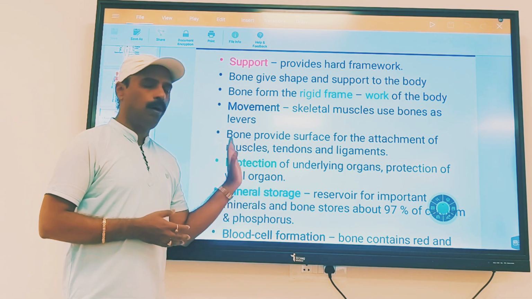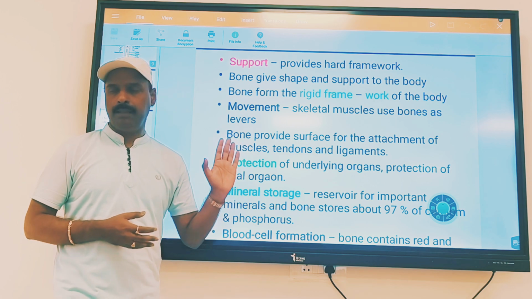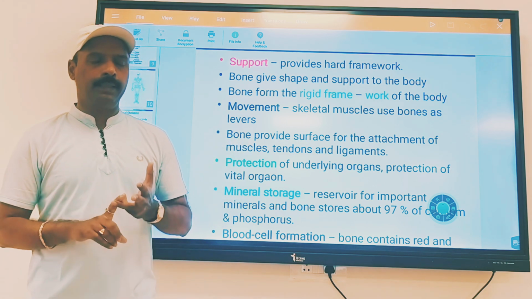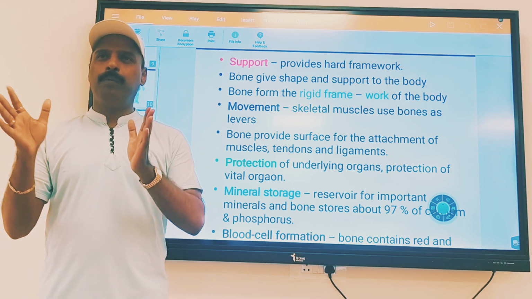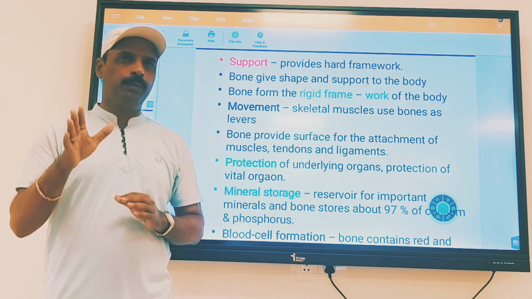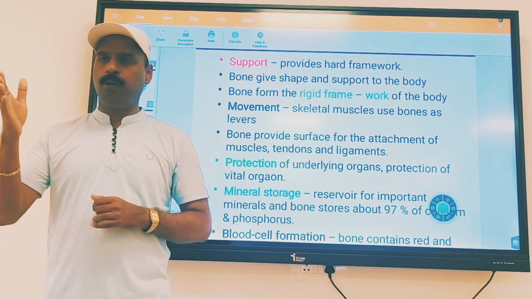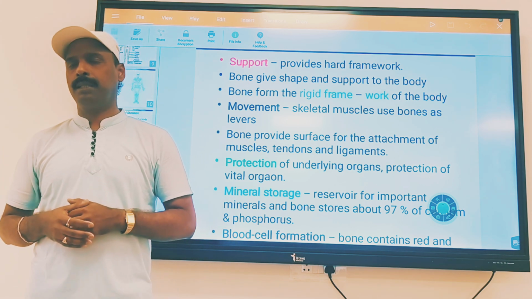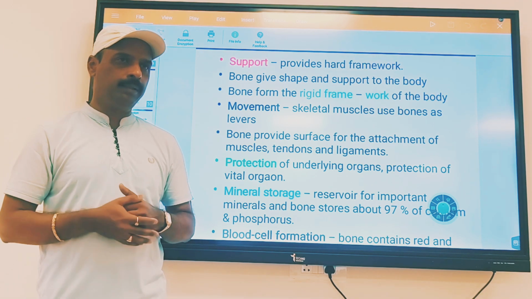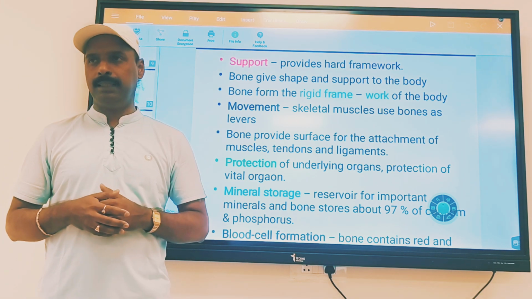So in short, we have studied the bone definition, classification of bone, then functions of bone. This is the primary, basic part before we start osteology. Osteology is the study of bones. Logy is a branch of study, a science.